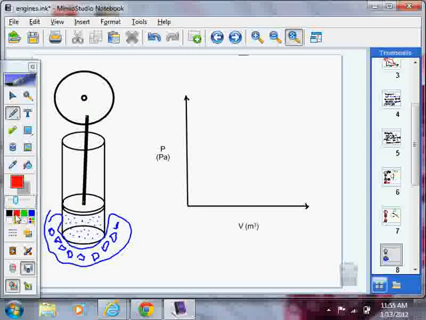And during that next diagram, by taking the heat out, basically the piston is going to drop down, and we're going to go from C back to A.